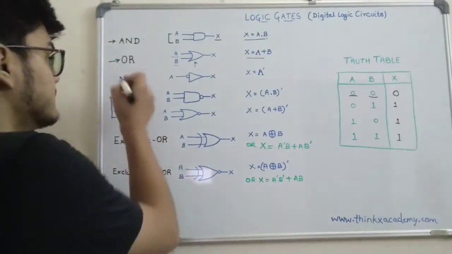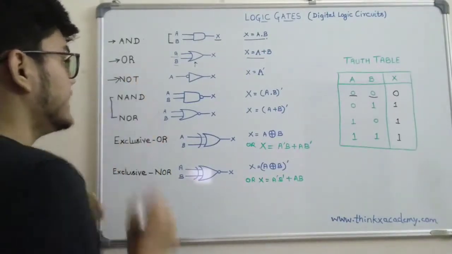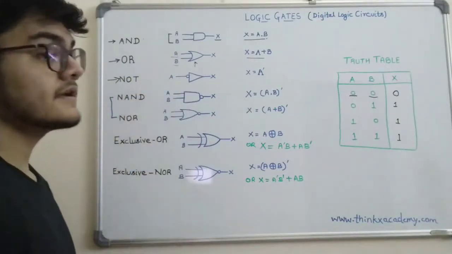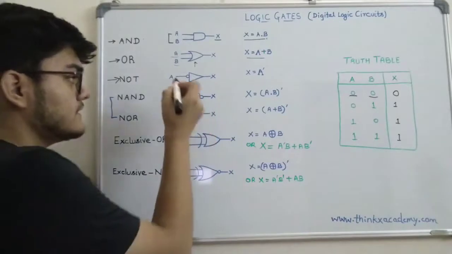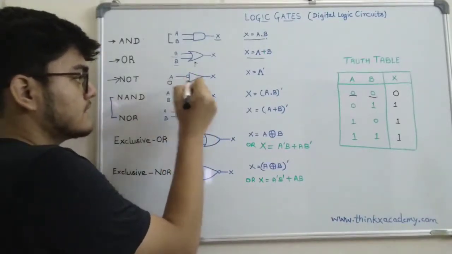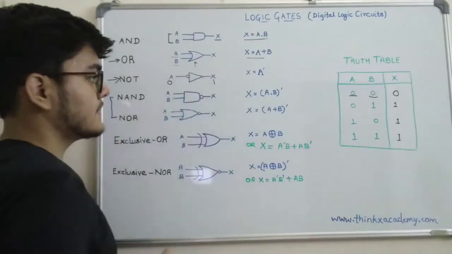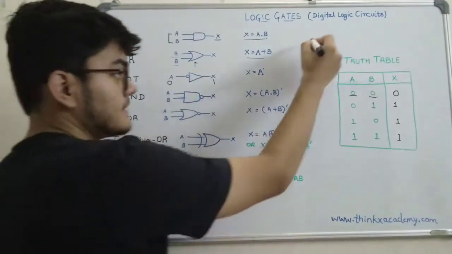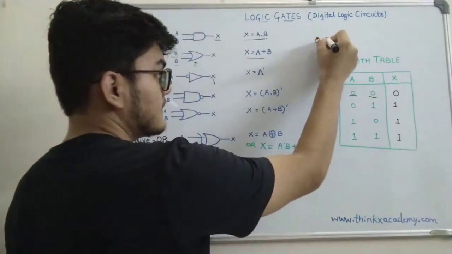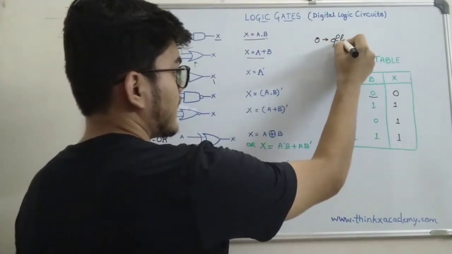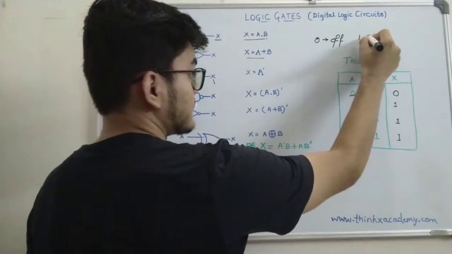So let's study the next gate, which is the NOT gate. The NOT gate is used to invert the signal given to it. If the given signal is 0, then the output will be the inverse of it, which is 1. Basically, 0 represents the off state and 1 represents the on state.